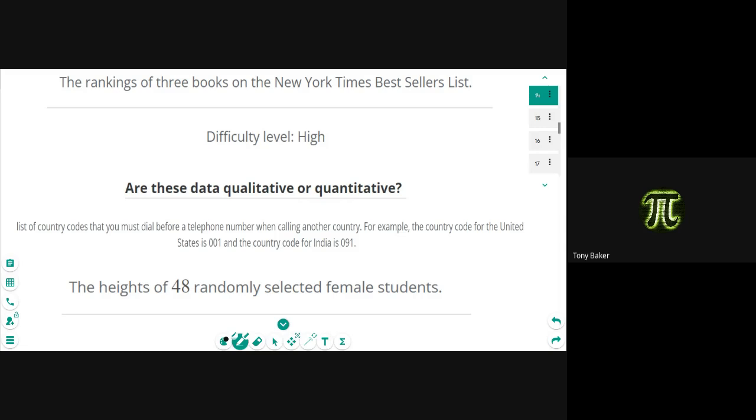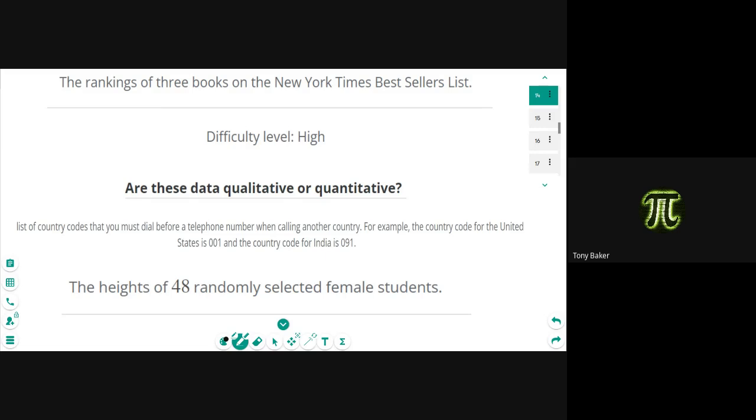I could put everybody's phone numbers in numerical order, but it wouldn't mean anything. If I took your street addresses and put them in numerical order, like if you were all living on one street, that would mean something because that's where your houses are. That has some kind of order to it. The rankings of the 3 books, putting them in order means something. I would get the best book, I'd get the lower book and stuff like that.